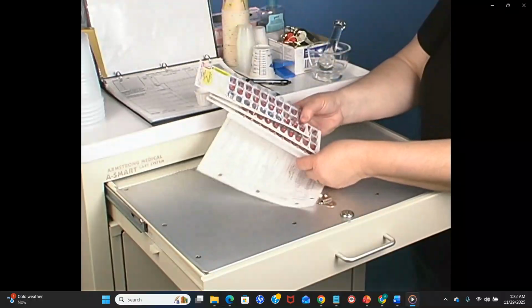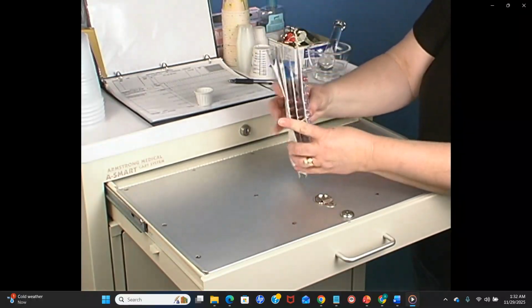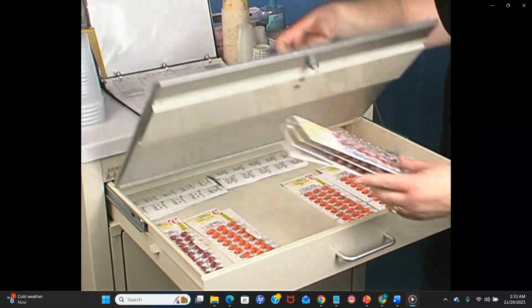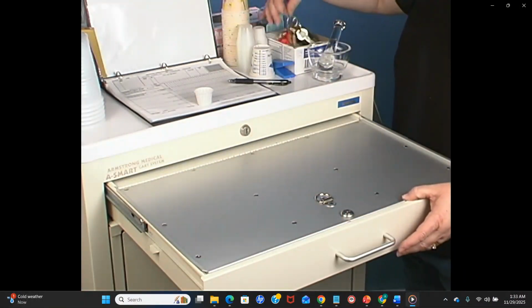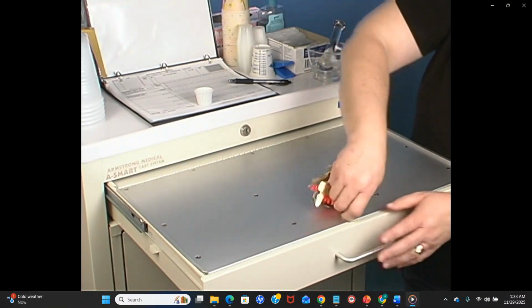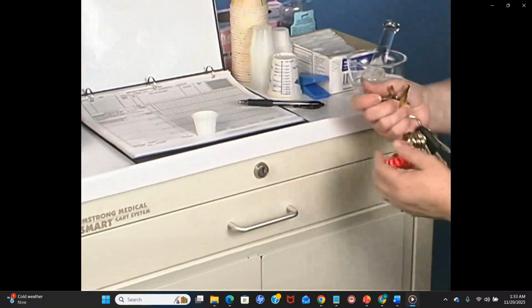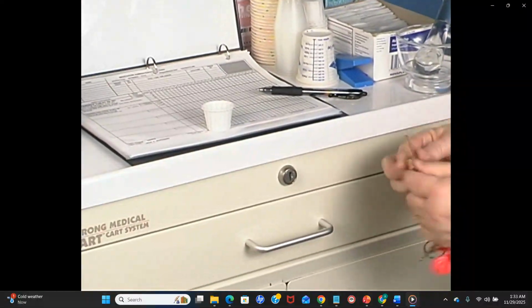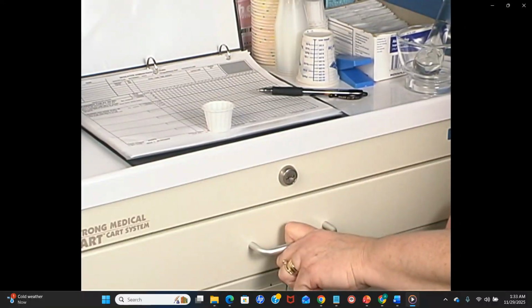Fold and attach the sheet to the remaining medications and return them to the drawer. Close and lock the drawer and then lock the cart before taking the medication to the client.